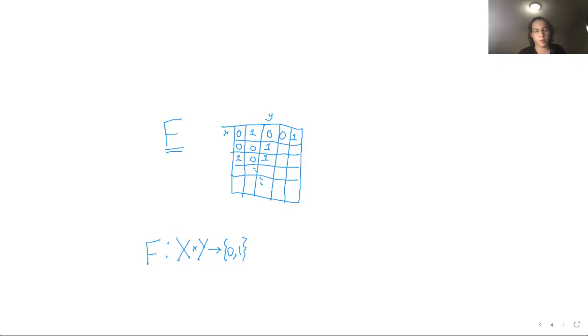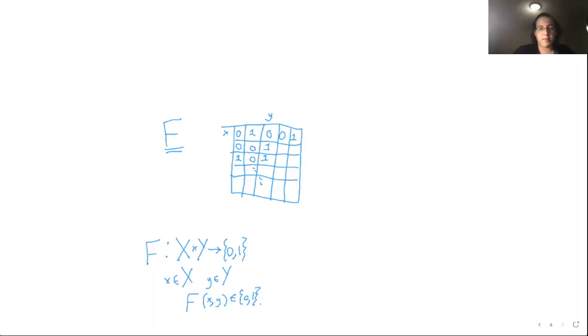Always we will have little x be a member of capital X, and little y be a member of capital Y, so that F of little x and little y is in the set {0,1}. So the communication function F defined on X times Y directly corresponds to a matrix with rows indexed by the set X and columns indexed by the set Y. This is called the communication matrix.